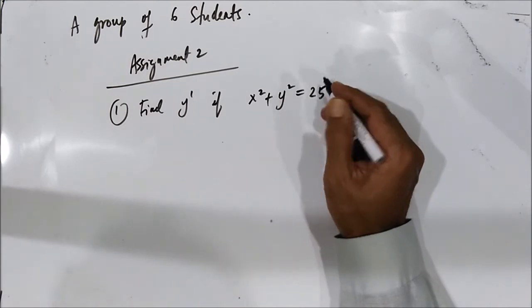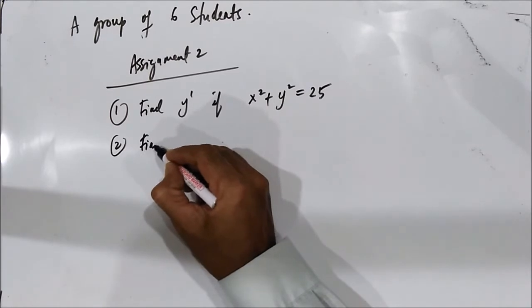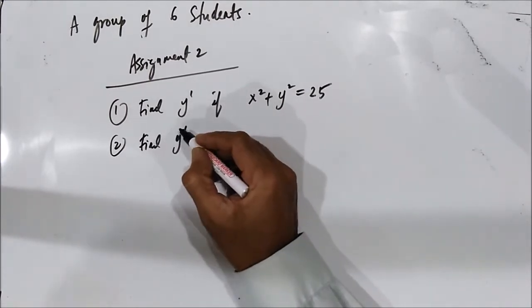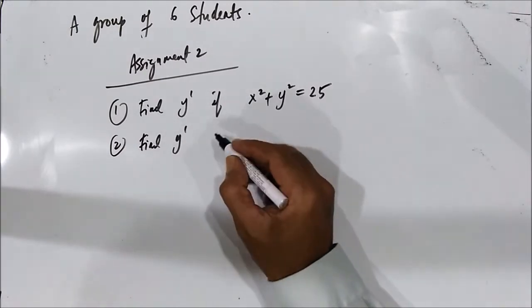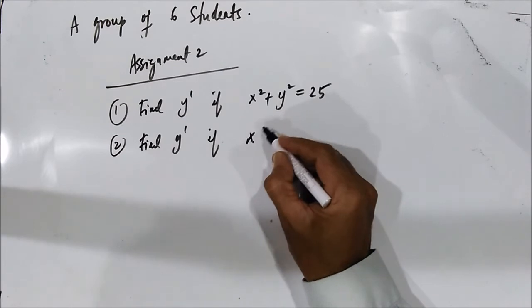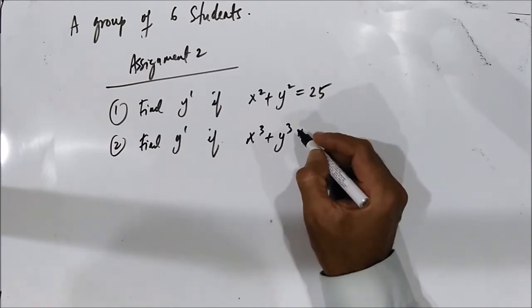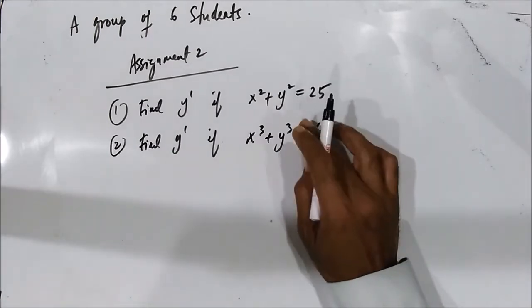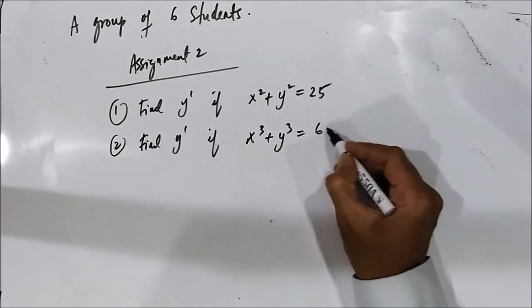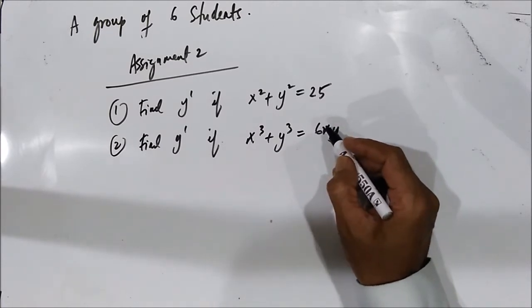And number 2, find y prime if x cubed plus y cubed equal to 6xy. This is also implicit differentiation.